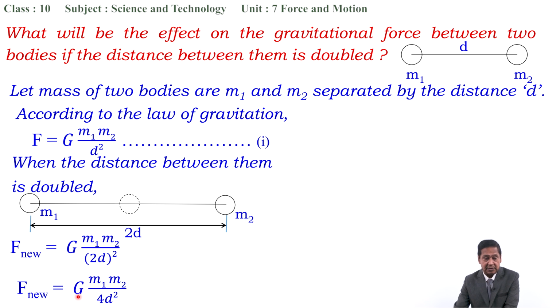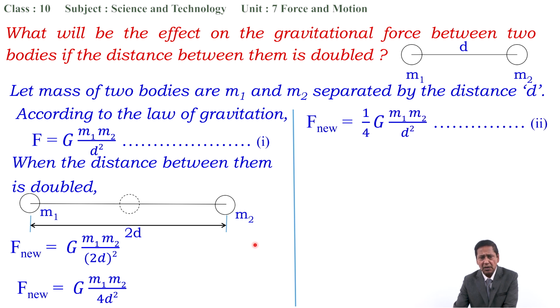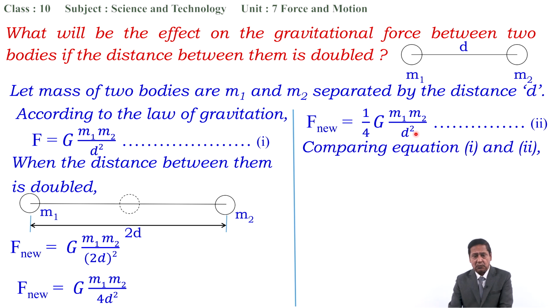If this 4 is taken out as a constant, then we will have F new equal to 1 by 4 times G m1 m2 by d square. When we compare equation 1 and 2, what happens?